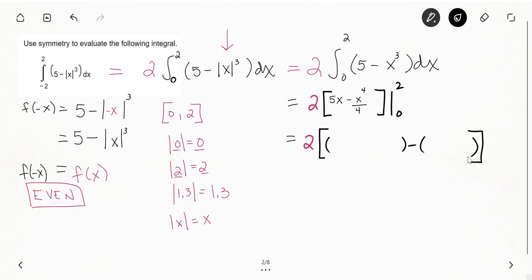Now the second set, I'm just following this through to make sure everyone sees every step. Really, I don't have to include this second set because this is going to turn out to be a 0, but let me show you why instead of just ignoring it. So we'd have 5 times 2 minus 2 to the 4th over 4, minus 5 times 0 minus 0 to the 4th over 4.